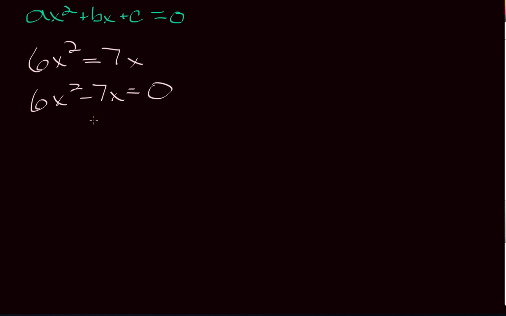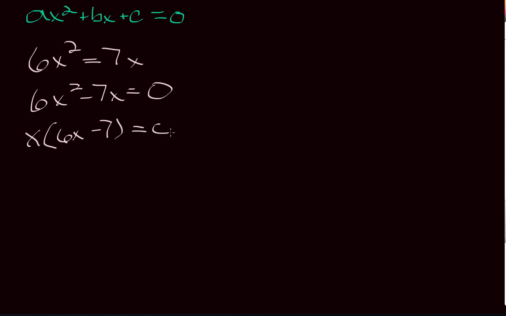And this is actually easier than you think. 6 and 7 don't have any factors in common, so we're just going to leave the 6 and the 7 alone. But x and x squared have an x in common, so we're just going to divide out an x. And what we're going to be left with is 6x minus 7.